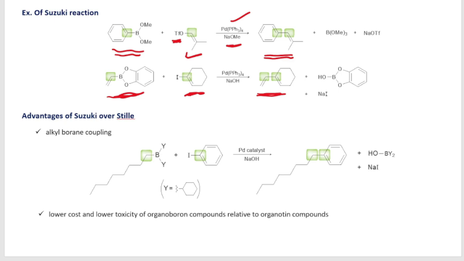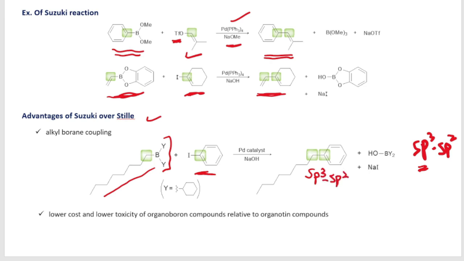So what is the advantage of Suzuki over Stille reaction? In Suzuki reaction you can make sp3-sp2 bond formation. So sp3, when you take alkyl and at the end you attach borane, boronic ester or boronic acid, and if you do a reaction with aryl halide, you will get sp3-sp2 bond formation.